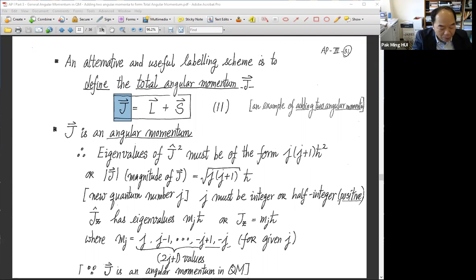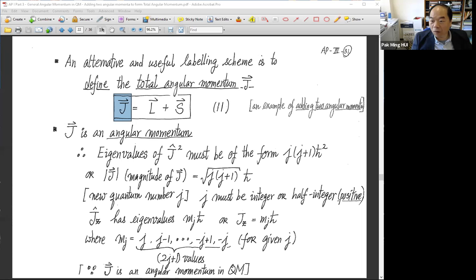another J symbol comes in, okay? But this J symbol is not about the quantum number yet. It is a vector. We have the orbital angular momentum being formally a vector, the spin angular momentum being formally a vector. Remember, it has X, Y, Z components.